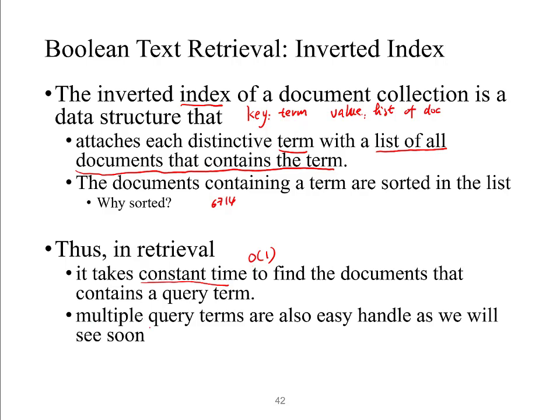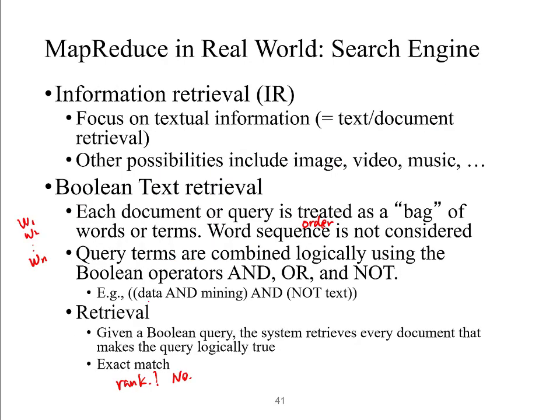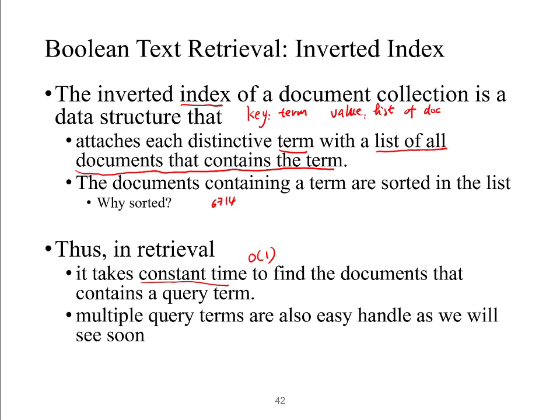By multiple query terms, we mean, for example, data, mining, and text, which are three query terms. We take constant time to find the documents containing one query term, and multiple query terms are also easy to handle, as we would do something like merge the lists.